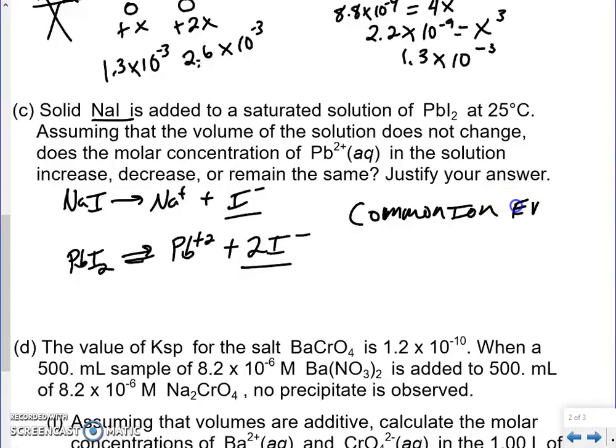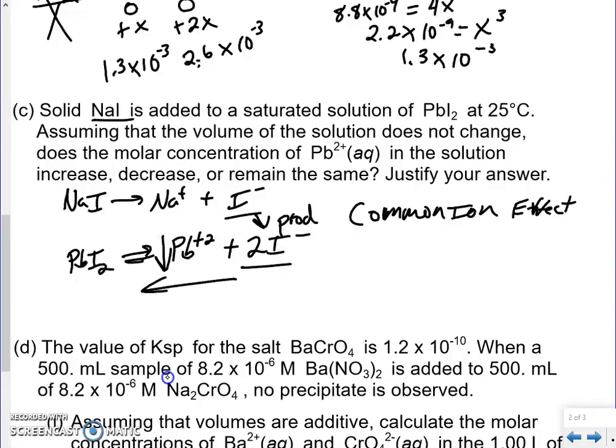What does the common ion effect do? It basically means because this solution is producing the same ion from two sources, it's going to result in a shift in the equilibrium. So think about it this way. We are adding iodide, which means we are adding a product. According to Le Chatelier's, if we add a product, what happens? It shifts towards the reactants, which means what's going to happen to lead?